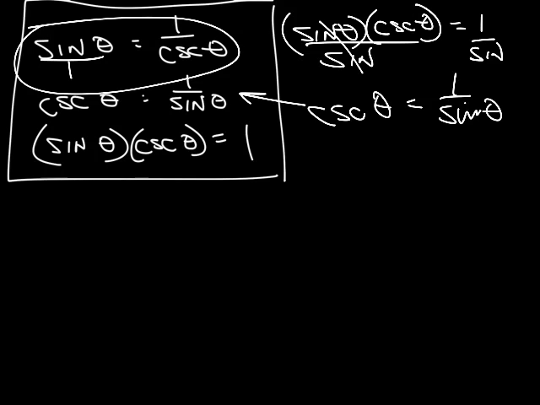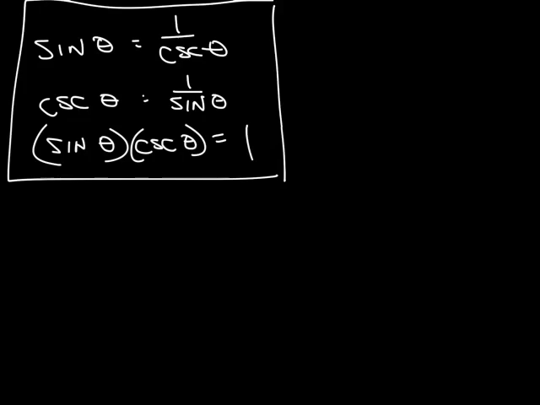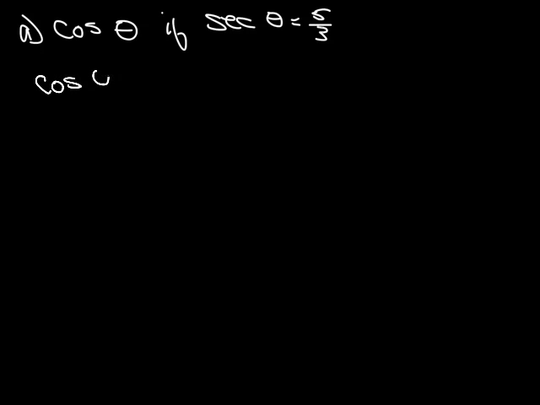So let's look at example 1a, and a lot of this doesn't make sense until you actually end up doing examples, and then it kind of clicks together. So let's do letter A. It says, what is the cosine of theta if the secant of theta is 5/3? Well, I'm going to look back at my reciprocal identities, and I know that the cosine of theta equals 1 over the secant of theta.